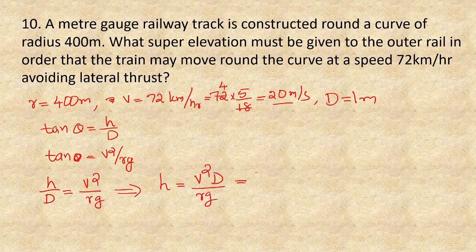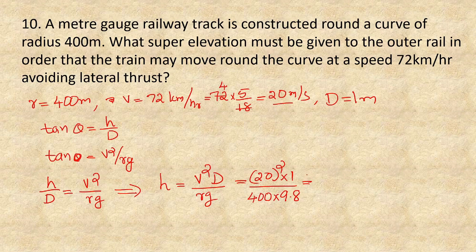h is equal to v square d by rg. What is the value of v? v is equal to 20 meter per second, that is 20 square. And d, since it is a meter gauge, the distance between the two rails is 1 meter, and the radius is 400 meter, into g 9.8.